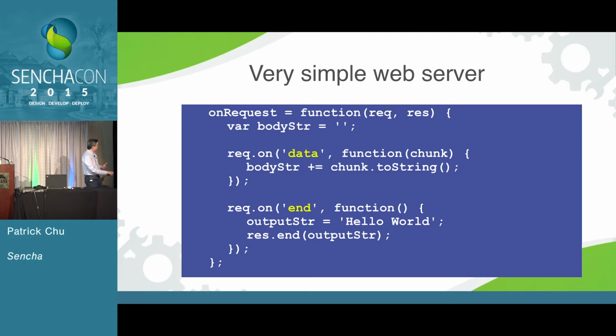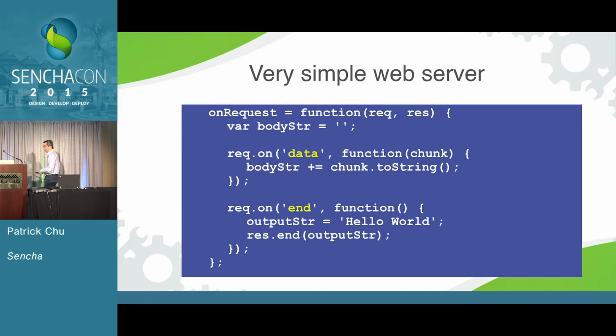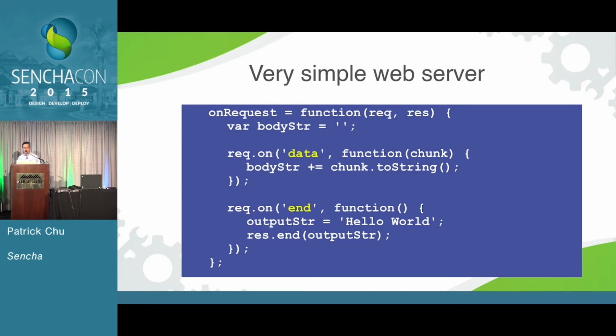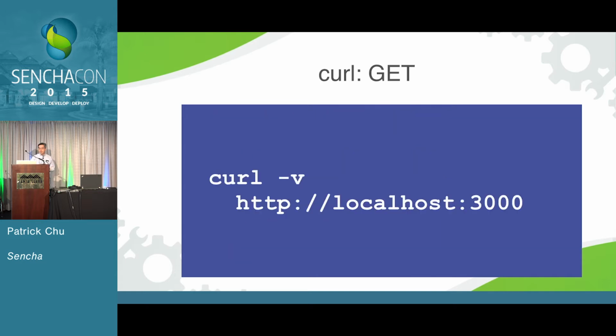It comes in chunks, so whenever something comes in, you need to add it to whatever has come before. It won't all come in one chunk. And then at the end, this means all the data has been transferred, and then we're just going to output hello world. It's not really a useful server, but we're just going to get this working and see what's going on. So there's the data and the end.